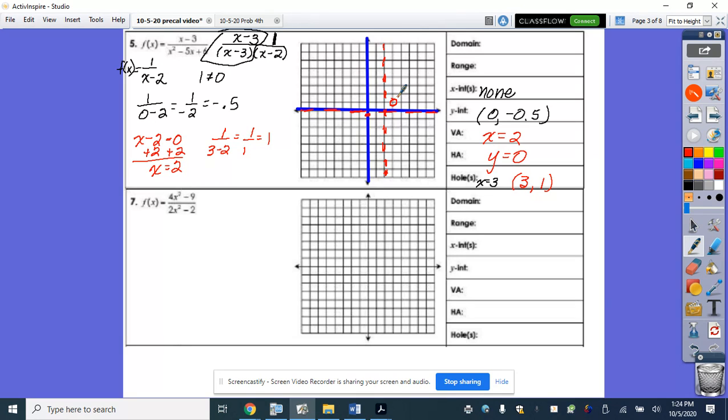Now, I want you to think through this just a little bit. When we talked about transformations, we had a function called the reciprocal function, which is 1 over x, and 1 over x is the function that has 2 separate pieces to it. This minus is underneath with the x, just like it would be in a parentheses. So this is saying that I'm going to move this to the right 2.